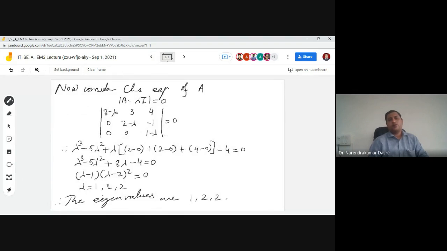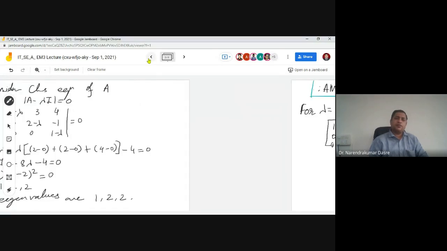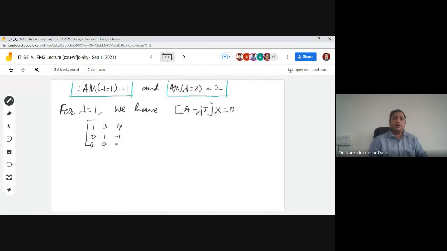So we have 2 minus 1, 1, 3, 4, 1 minus 1. Okay, so you can have here 0, 1, minus 1 and 0, 0. So here it is already 1 and 1 minus 1 is going to be 0. Okay, so here this is x1, x2, x3, and this is 0, 0, 0.